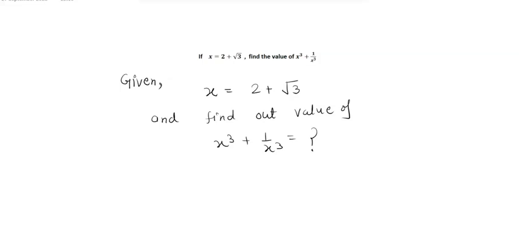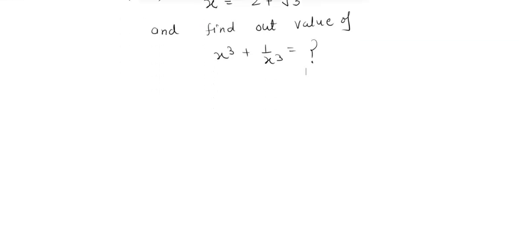Okay. Now first you find 1 by x. So now 1 by x is equal to 1 divided by 2 plus square root 3.